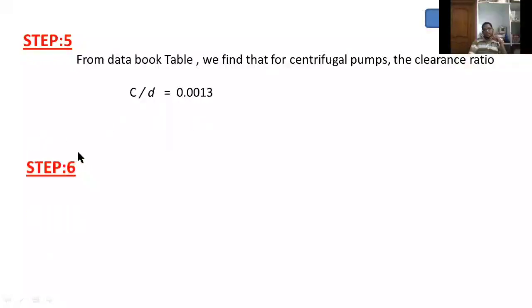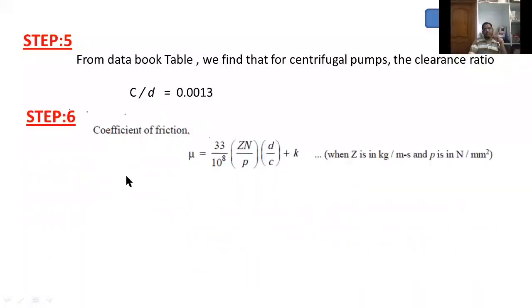In step number 6, you have to find the value of the coefficient of friction, that is mu. Here mu is the coefficient of friction due to bearing rubbing surfaces. The formula for coefficient of friction is mu equal to 33 by 10 power 8 Zn by P into D by C plus small k.